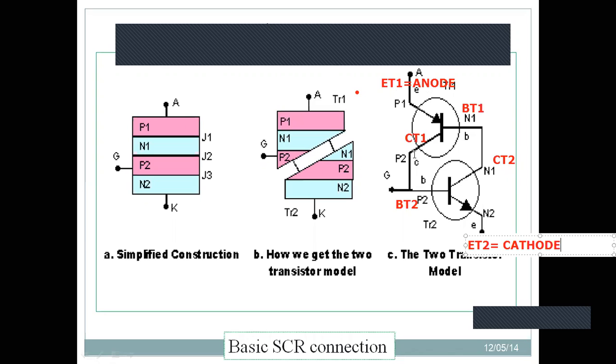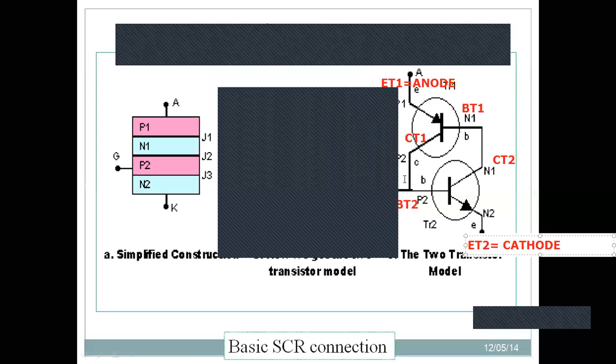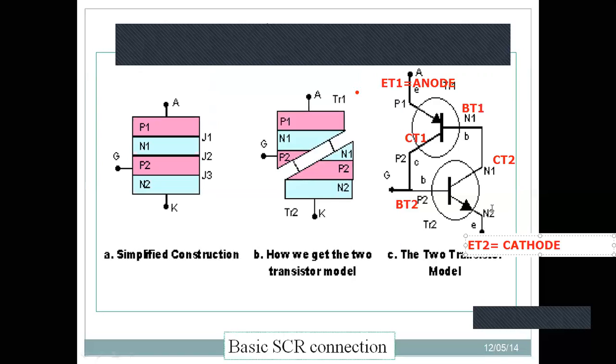Okay, so once you go for explaining the two transistor model, draw this figure too, and explain how this construction is done. So the collector of the first transistor is connected to the base of second transistor, and the collector of the second transistor is connected to the base of first transistor, and this terminal G will represent the gate terminal.